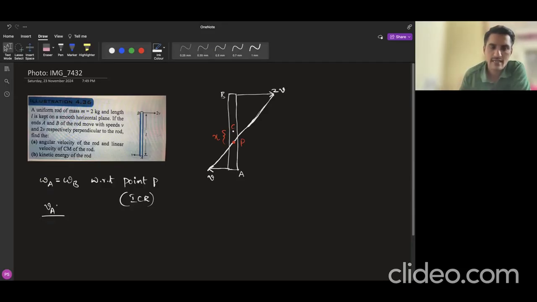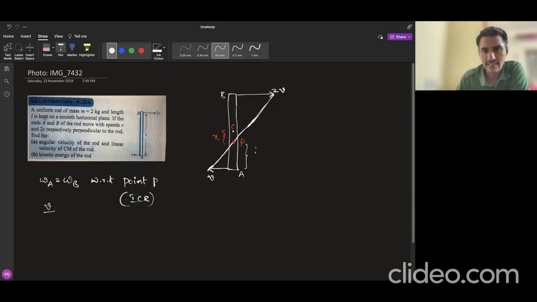VA here is V only. V by its perpendicular distance. See, this is its perpendicular distance. How much is this?